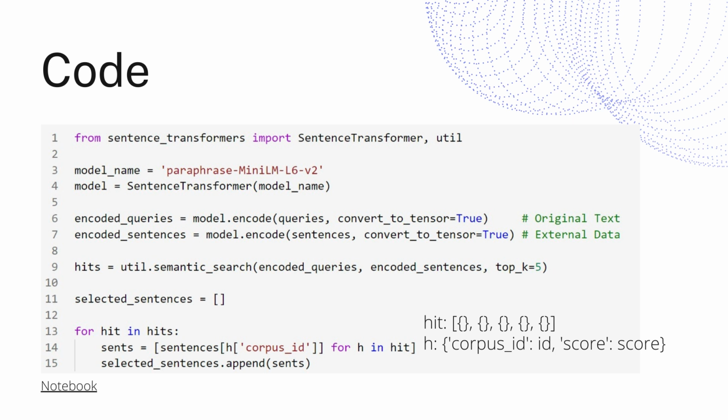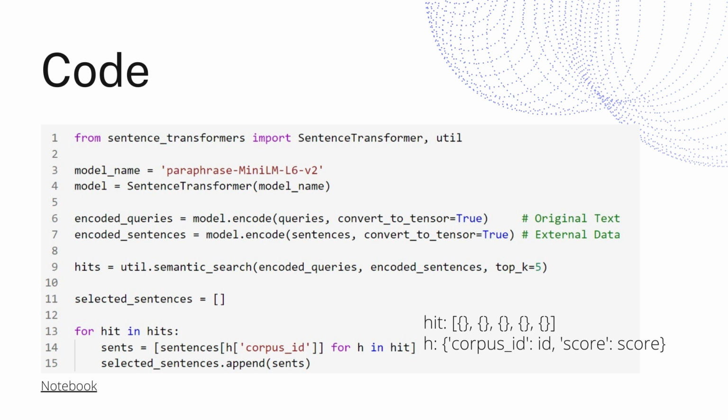This returns a list of lists, which we have saved as hits. We can understand this as, for each query, there is a corresponding list in the hits list.